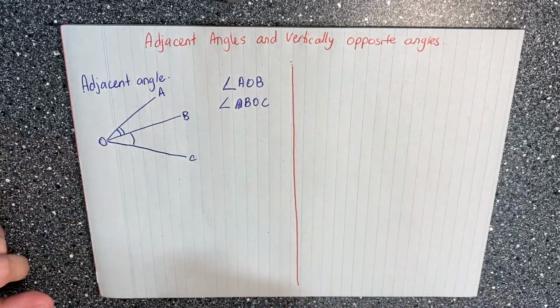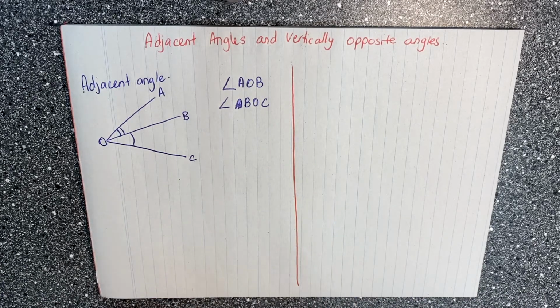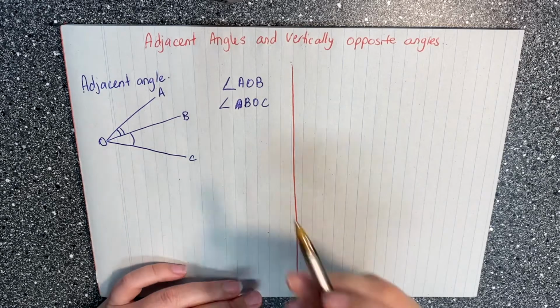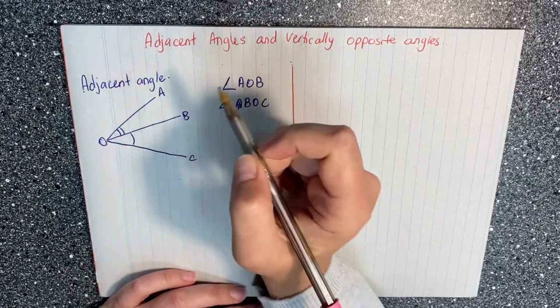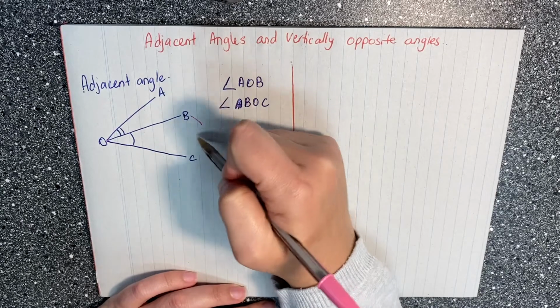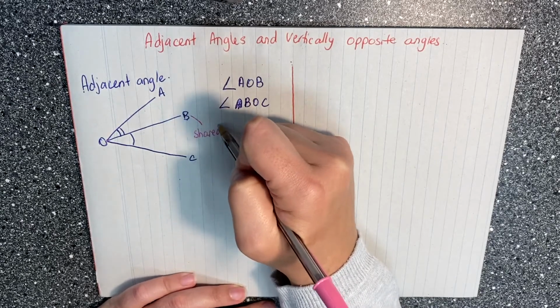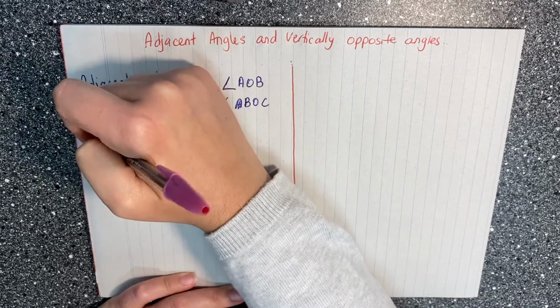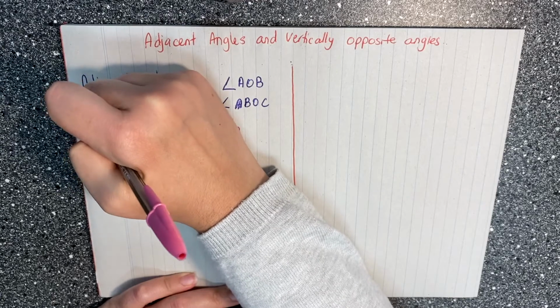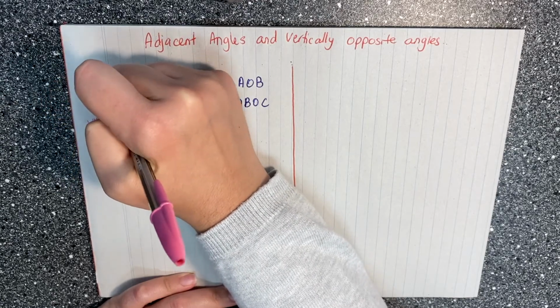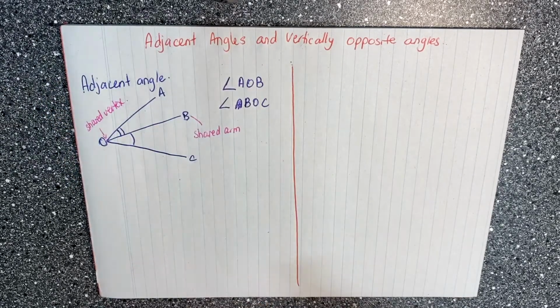What it means here is that they share a vertex and they share an arm. The vertex would be point O and the arm that they share is OB. So there's a shared arm and a shared vertex.